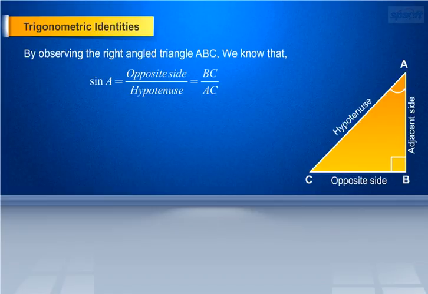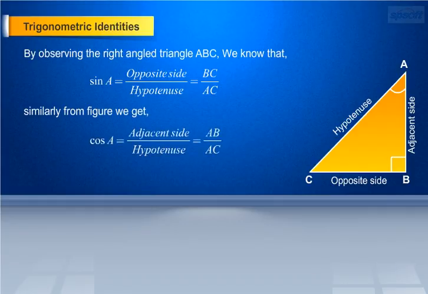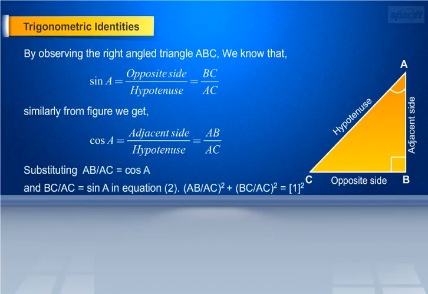By observing the right angle triangle ABC, BC by AC equals sin A. Similarly from the triangle ABC we get AB by AC equals cos A, since cos A equals adjacent side by hypotenuse.